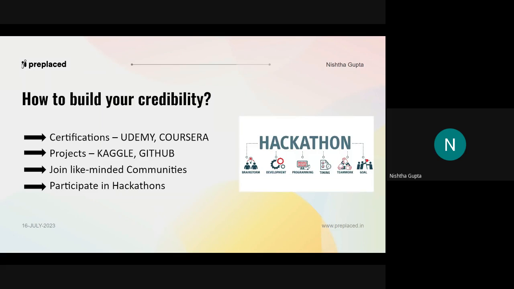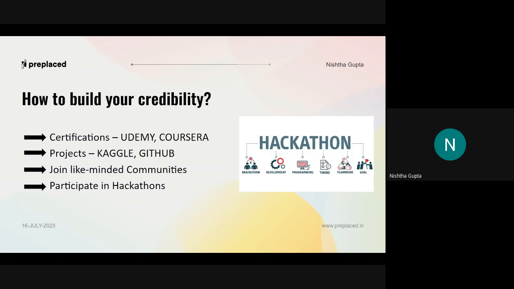And the last is you can participate in hackathons, right? When you have a hold on your technical skills, you can start participating in hackathons. For those of you who don't know what hackathons are, they are competitions which happen across organizations and colleges.